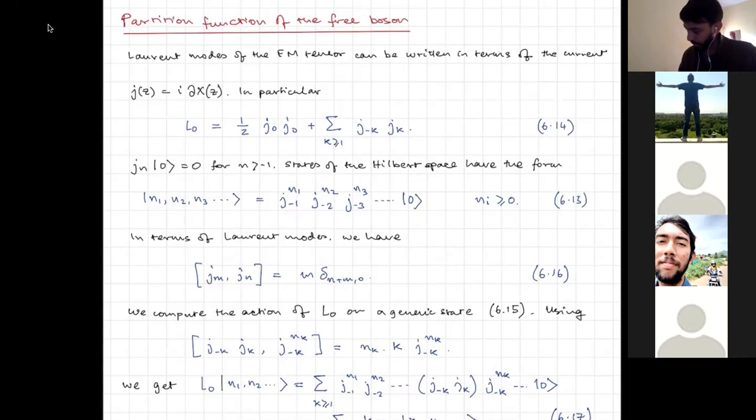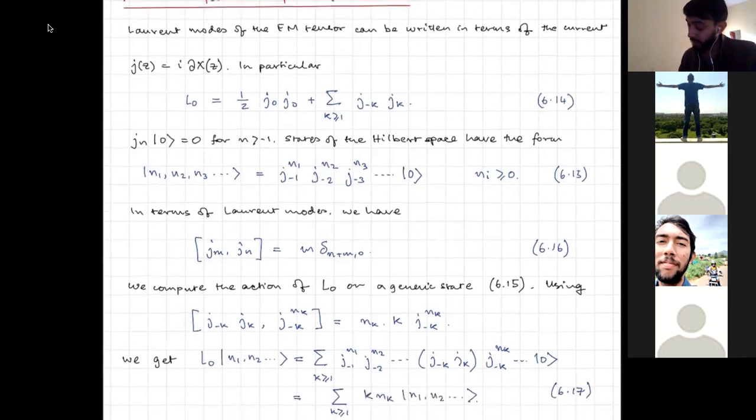What are we doing? We want to find this out. And at the end of the day, what I really want to get at is what is the action of L naught acting on this state. For that, what we need to do is look at the action of J minus k, J k, and this J minus k whole to the n_k.